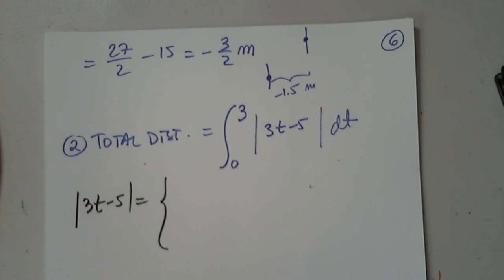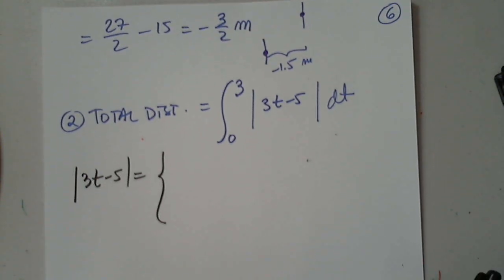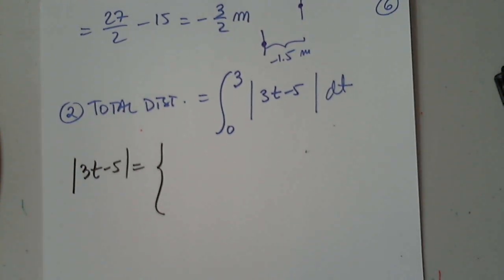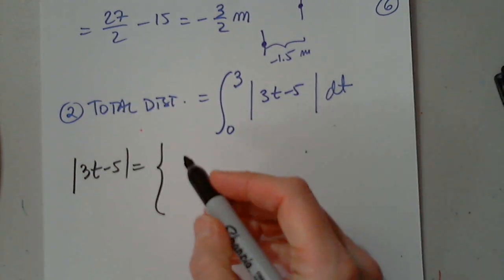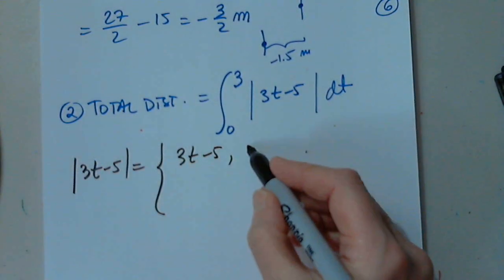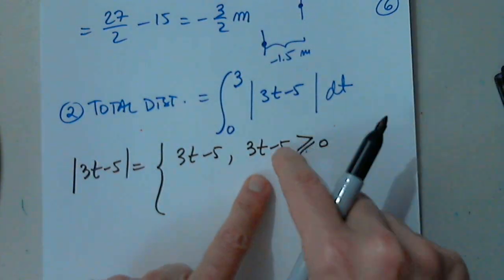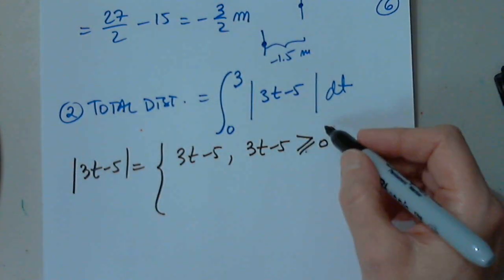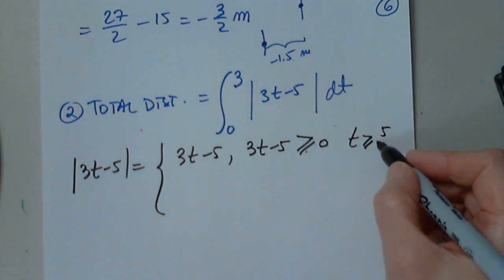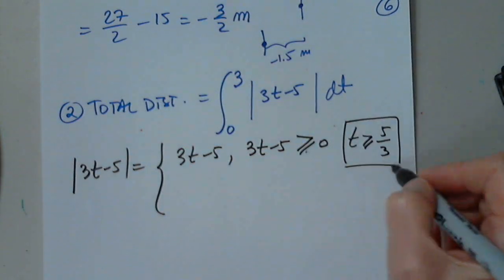For any absolute value, what are the options? 3t minus 5, when 3t minus 5 is greater than or equal to 0. I'll move 5 and divide by 3, so t is at least 5/3. Awesome.